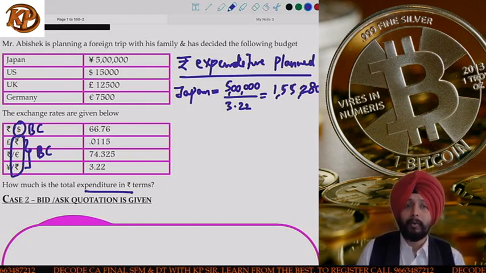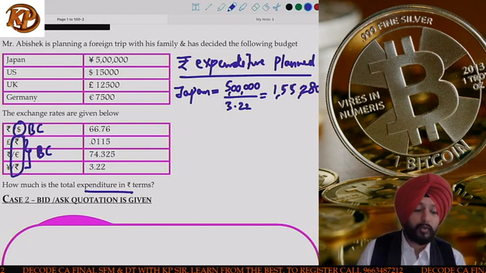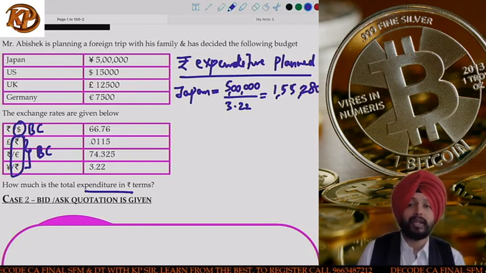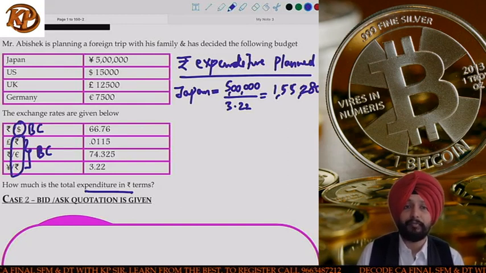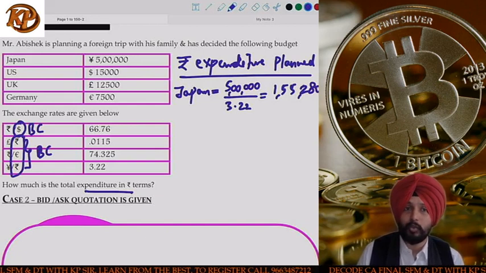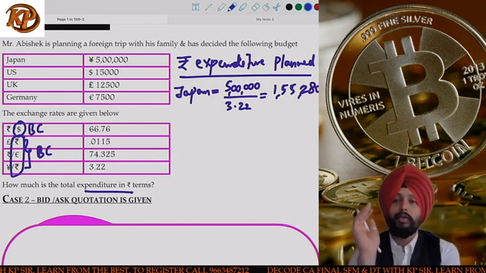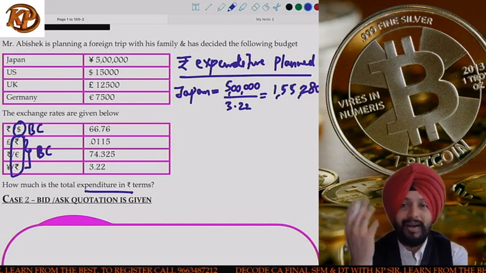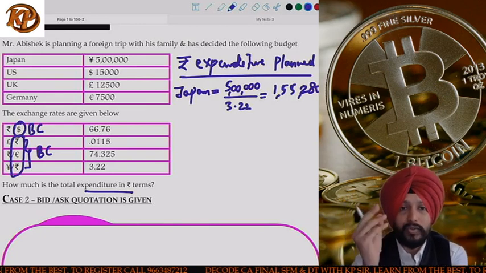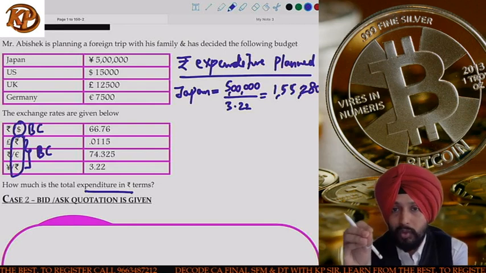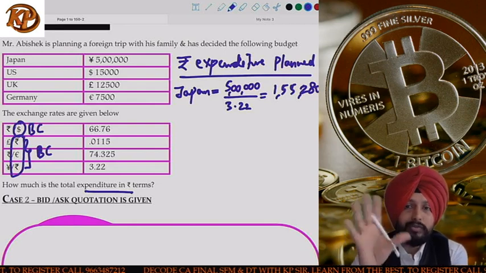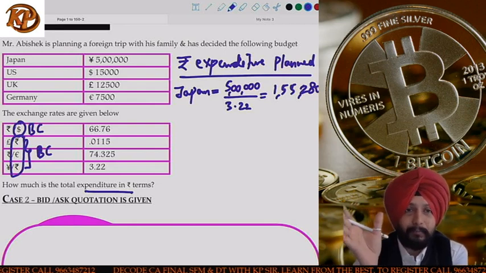Now I want you to focus on quotation numbers 3 and 4. You will find the third quotation is rupee per euro. Let's try to understand and learn certain quotations which I expect my students to know. Rupee per dollar is in the range of 68, 69, 70.